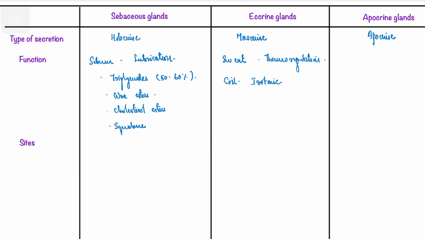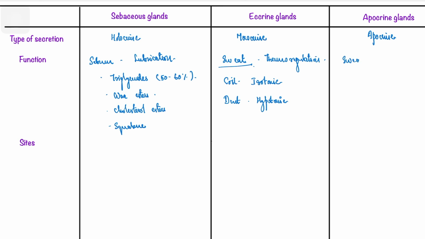Okay, when the sweat moves along this eccrine duct towards the skin surface under the influence of certain hormones like antidiuretic hormone and aldosterone, the sodium in the sweat is reabsorbed. Okay, so in the eccrine duct the sodium is reabsorbed, so the concentration of the sweat becomes hypotonic. So in the coil it's isotonic, and in the duct it is hypotonic.